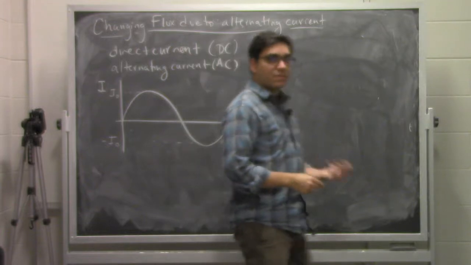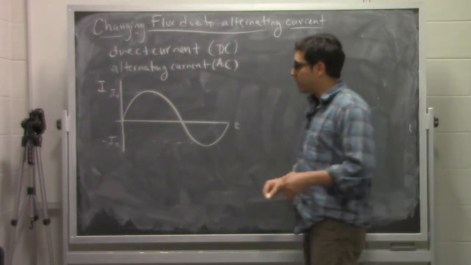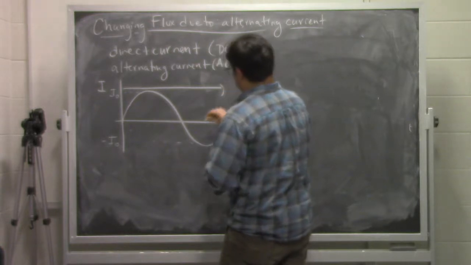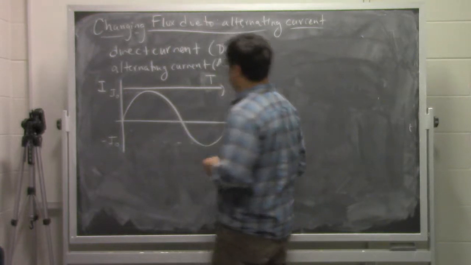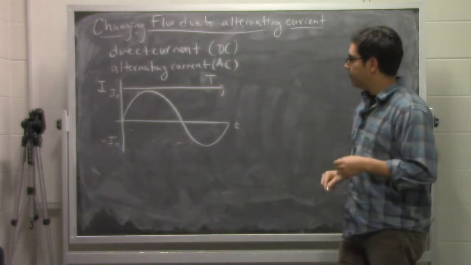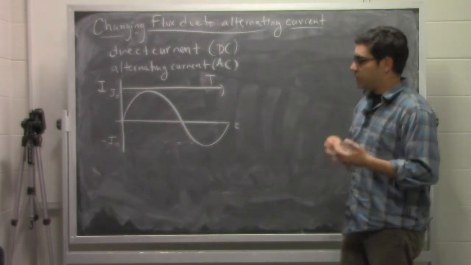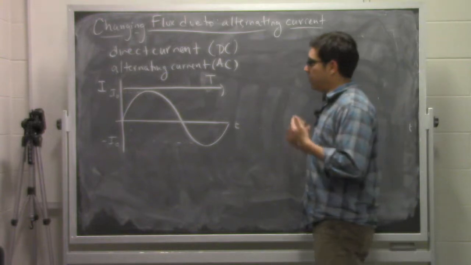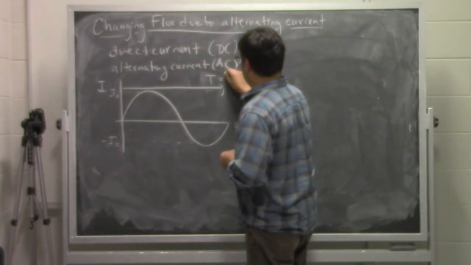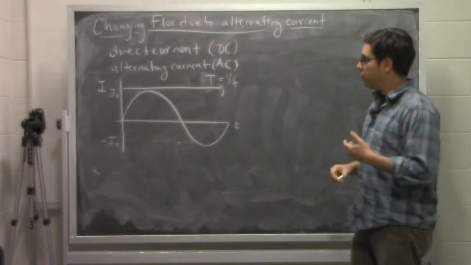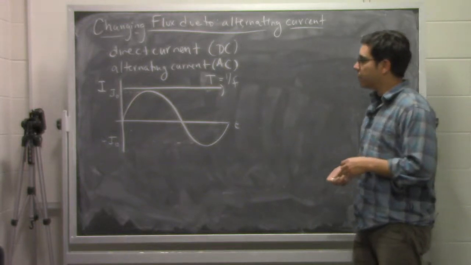This would be one cycle of that signal, one cycle of that current. Now, the amount of time that we have for one cycle is called the period, and it's usually labeled with a capital T. The frequency associated with this, how often this happens every second, is related to the period. So 1 over the frequency is the period, or 1 over the period is the frequency.